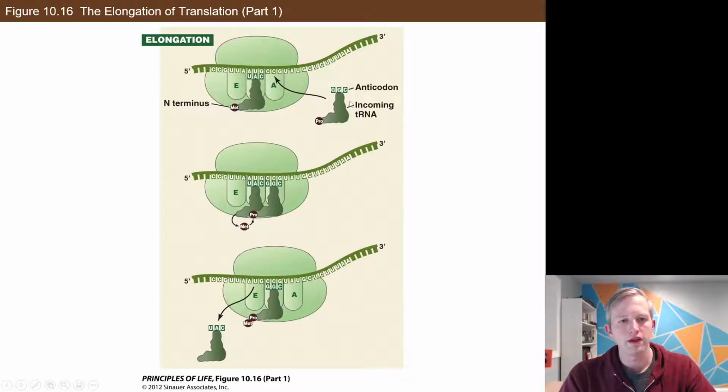And this is where the next tRNA is going to come in and bind to the codon that the anticodon is attracted to, and that's now going to allow the original methionine to get tacked on to this new proline amino acid. And meanwhile, the tRNA that had dropped off the methionine is now free to go.